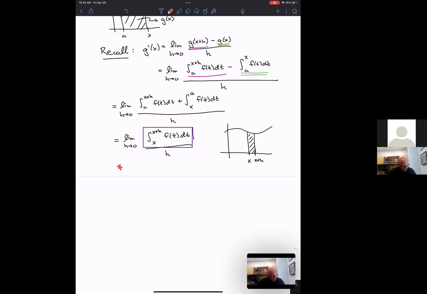What I notice is that because the interval x up to x plus h is so small, f of t on this interval is essentially constant. What do I mean by that?